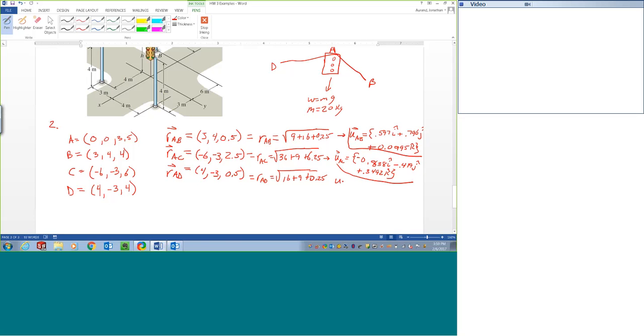So UAD equals, it's going to be very similar, we'll switch around: 0.796i minus 0.597j plus 0.095k. All right, so there's our unit vectors. Let's see where we go from there.